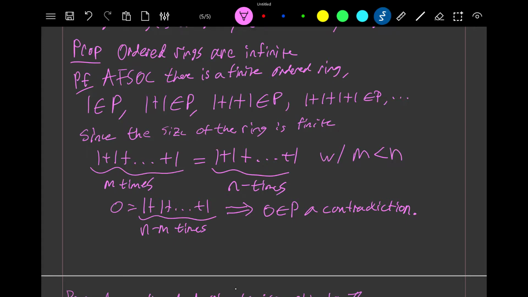And namely, this also shows that if we have an ordered ring, if we take 1 and we keep adding it to itself, we're never going to repeat.